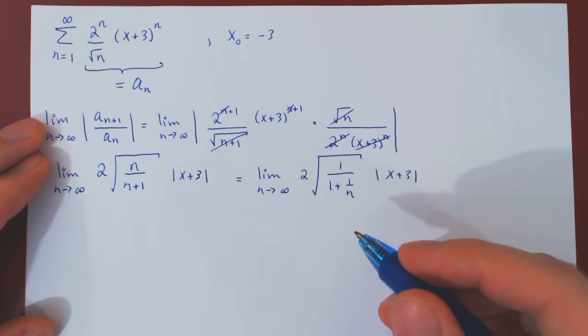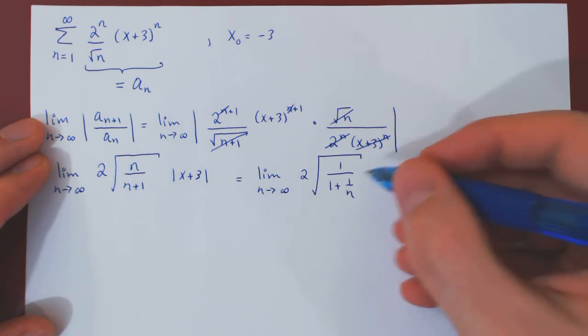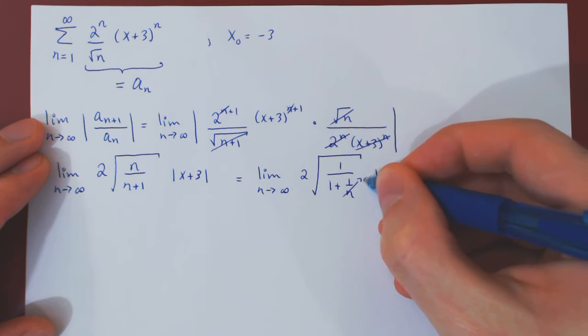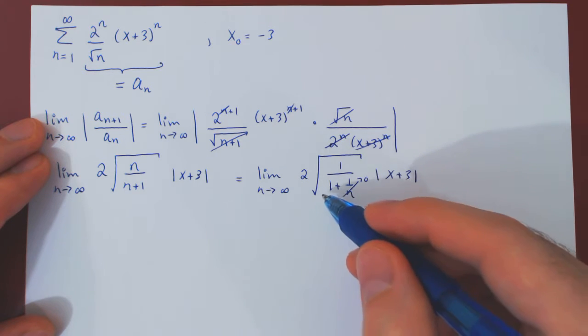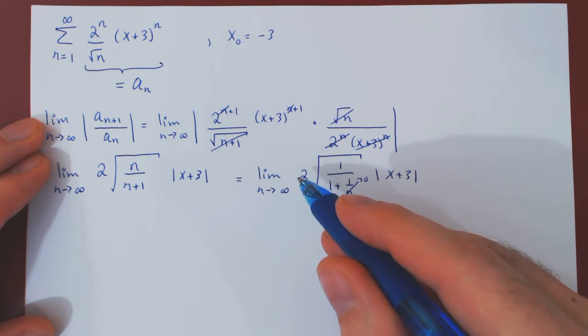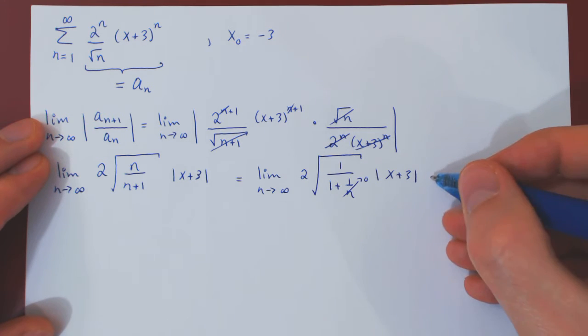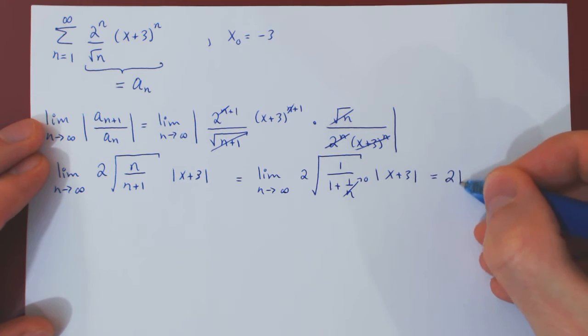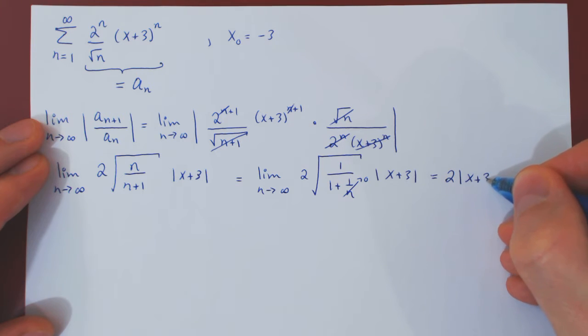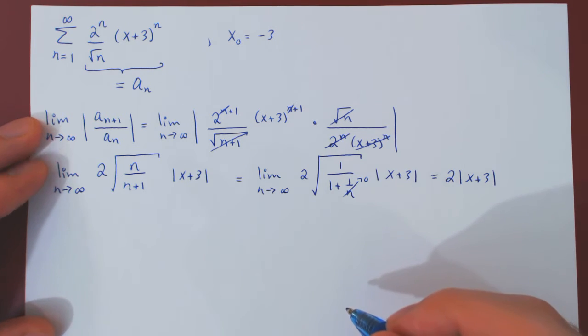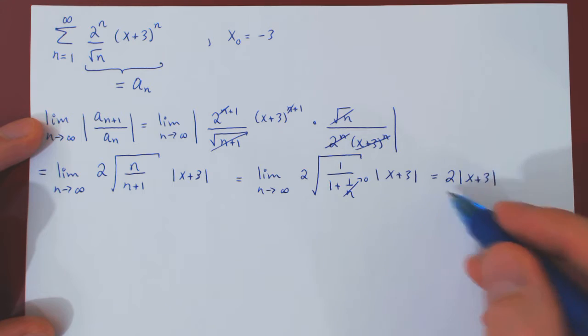The limit now is trivial. As n tends to infinity, 1 over n tends to 0. So we'll have here the root of 1 over 1, root of 1 which is 1, and so we're left with 2 times x plus 3 in absolute value. Now, where do we go from here?